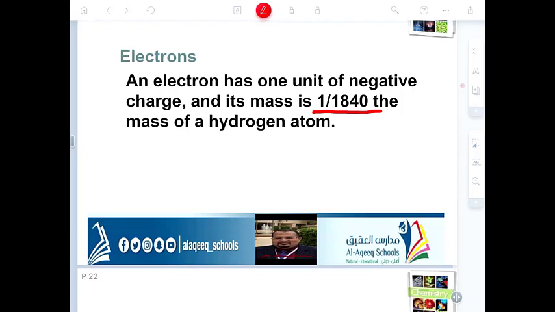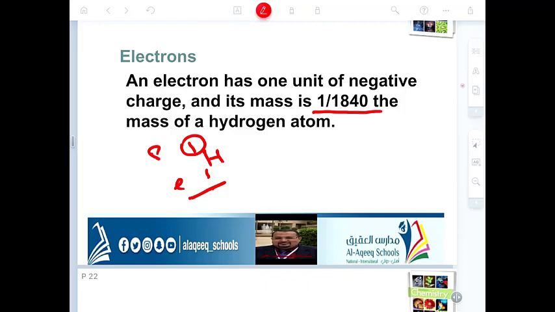Why hydrogen atom? Hydrogen atom has atomic number one and mass number one. It means it has only one electron and one proton. It doesn't have any neutron. One proton and one electron without any neutrons.